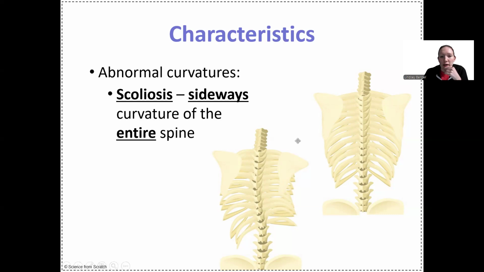The doctor's going to look at your back and see if the spinal column lines up. But they're also going to notice if one shoulder is higher or lower than the other. And you can also see it in the hips, because remember that bilateral symmetry? You're mirrors of each other. So if one shoulder's lower and one's higher, your hips are going to counterbalance that because they're going to try and make up some lost ground.